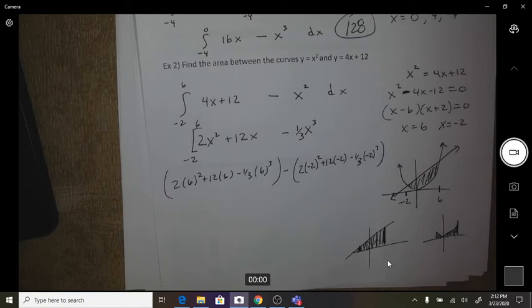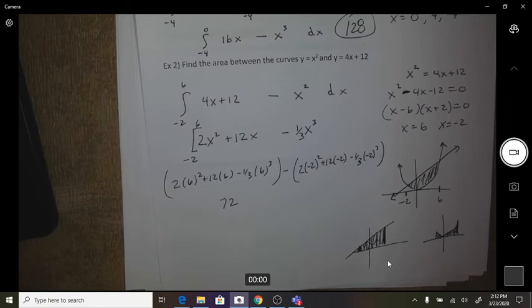Okay, so 2 times 6 squared plus 12 times 6 minus 6 cubed divided by 3. I get 72.